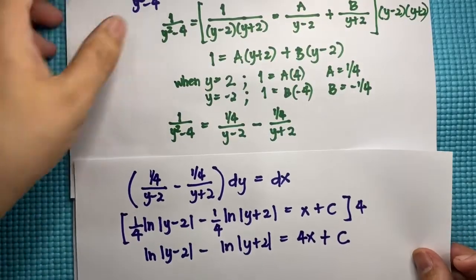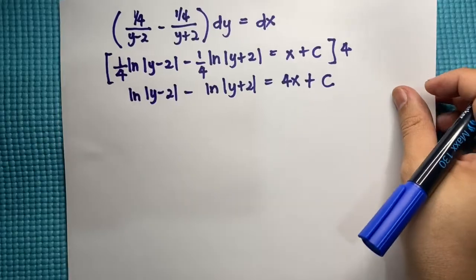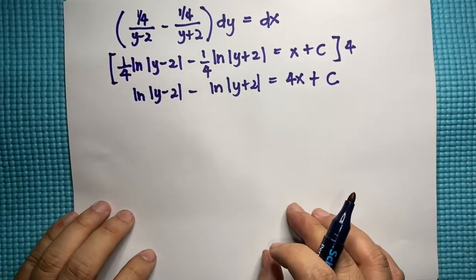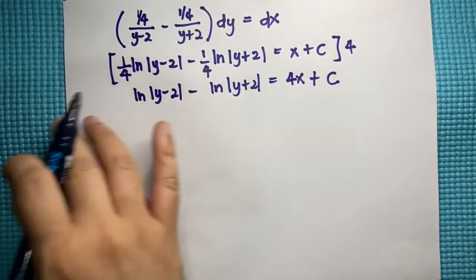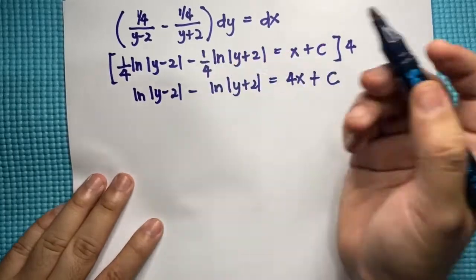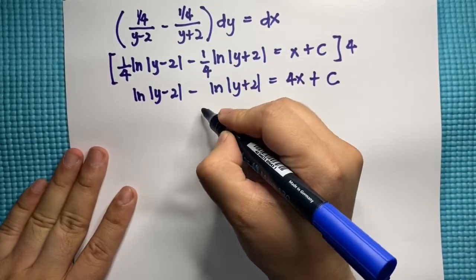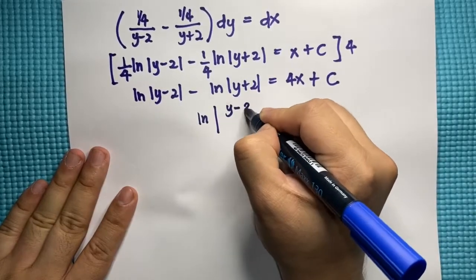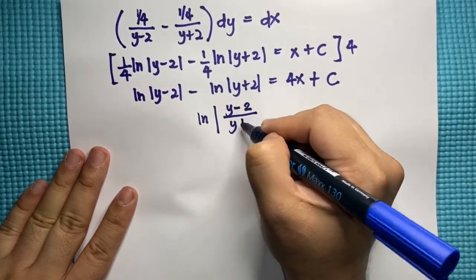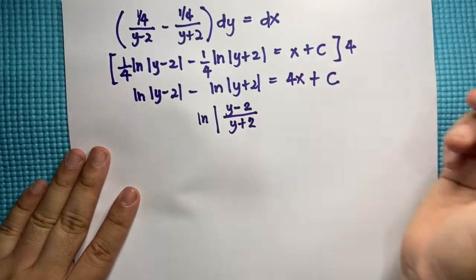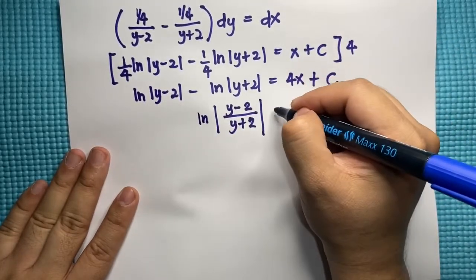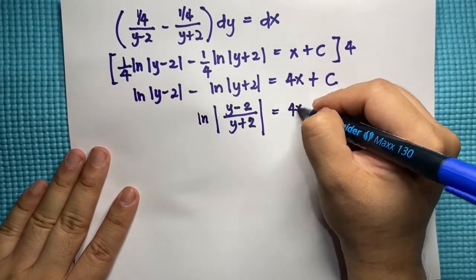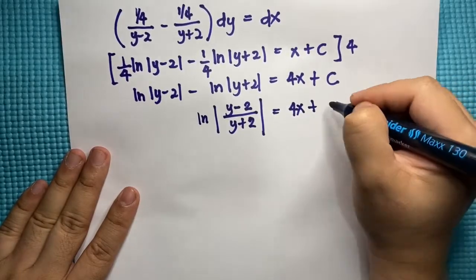And combining the left hand side using the properties of logarithm, giving us ln of y minus 2 over y plus 2 would be equal to 4x plus c.